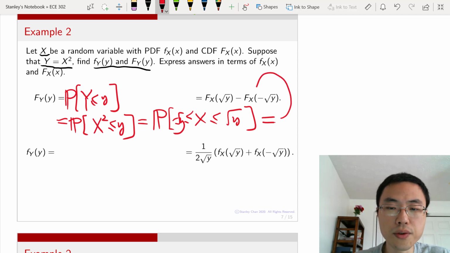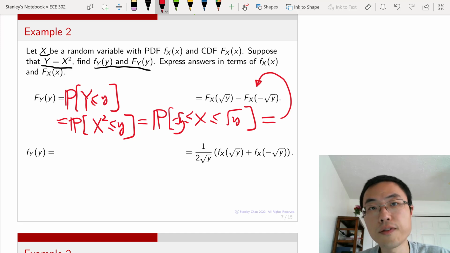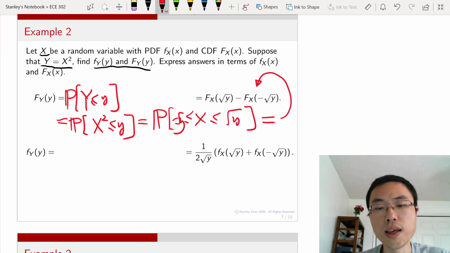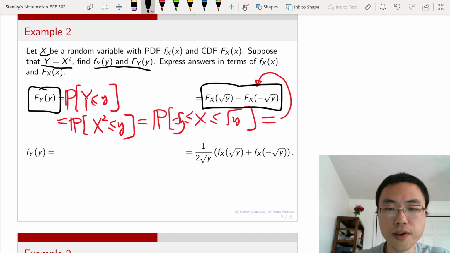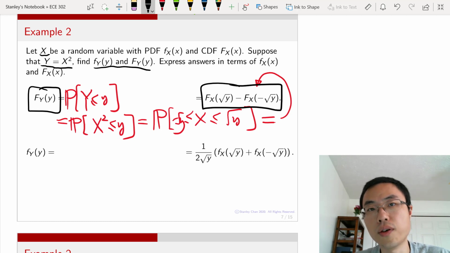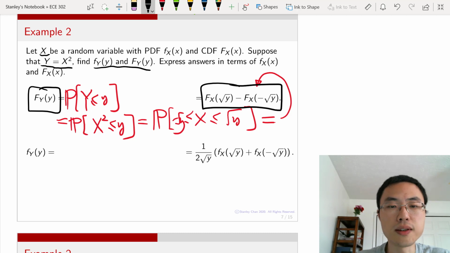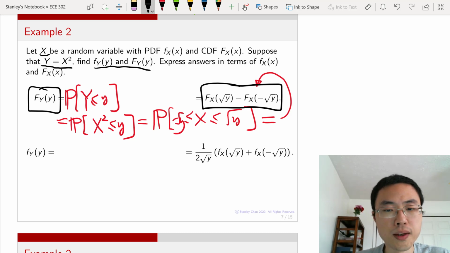This can be evaluated as the CDF evaluated at the square root of y minus the CDF evaluated at the lower end, which is minus square root of y. And so you can see that the CDF of Y is actually given by the CDF of X with a difference on two ends of the CDF of X. So that's a little bit different from the previous example where you have the two ends.